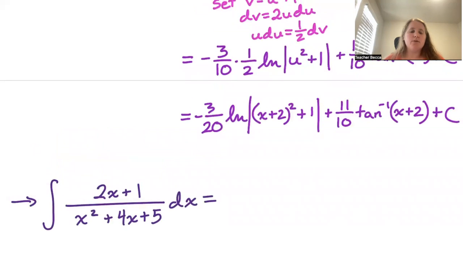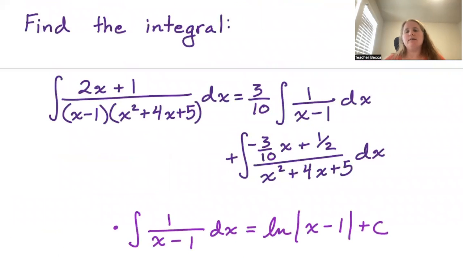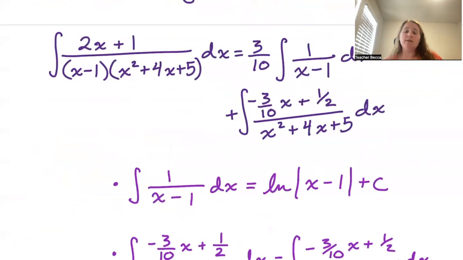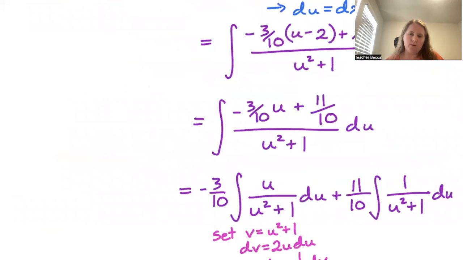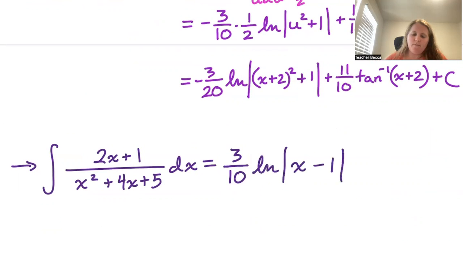All right, so we were doing the integral of 2x plus 1 over x squared plus 4x plus 5. We previously found that was 3/10 times the integral of 1 over x minus 1 dx, or 3/10 times the natural log of the absolute value of x minus 1.